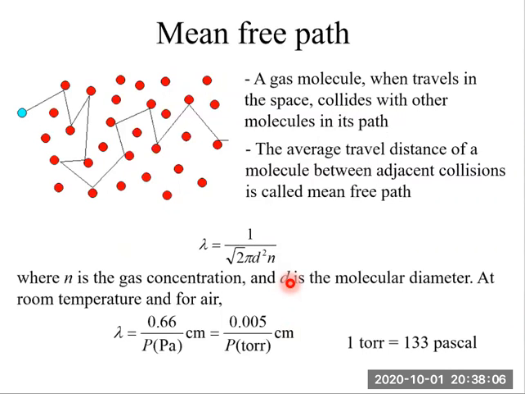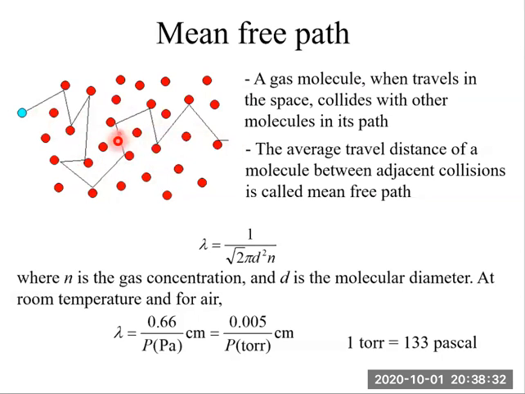Next, let me introduce a very important concept in vacuum technology: mean-free path. As shown in this figure, let's focus on this gas molecule. When it travels in space, it can collide with other molecules in its path.